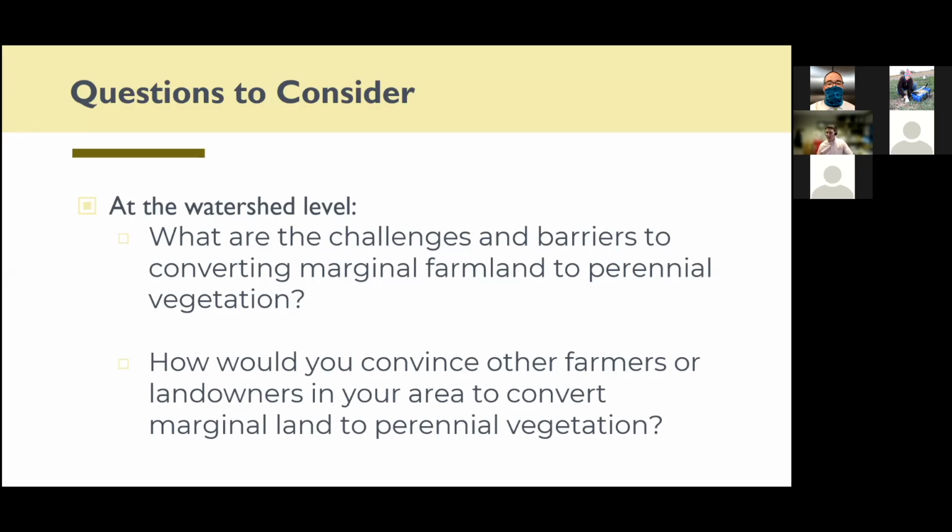What types of challenges or barriers do we have in converting this marginal farmland into perennial vegetation? Are there targeted areas that work better than others, and so on and so forth. Then we bring in some of the sociological aspects. How do we convince farmers or landowners to convert marginal land into perennial vegetation? It's not as straightforward as some of the other management practices that farmers and landowners are considering and trying to make.